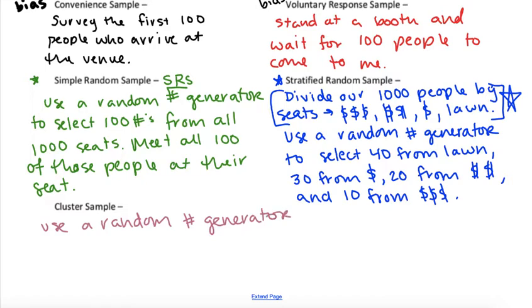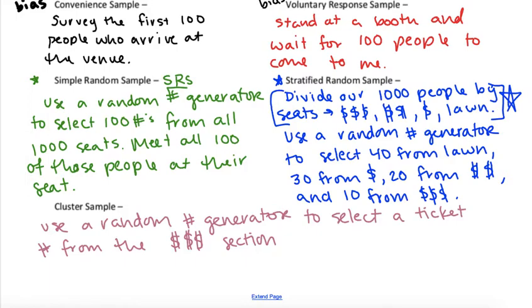So we're going to use a random number generator to select a ticket number from the triple money section.